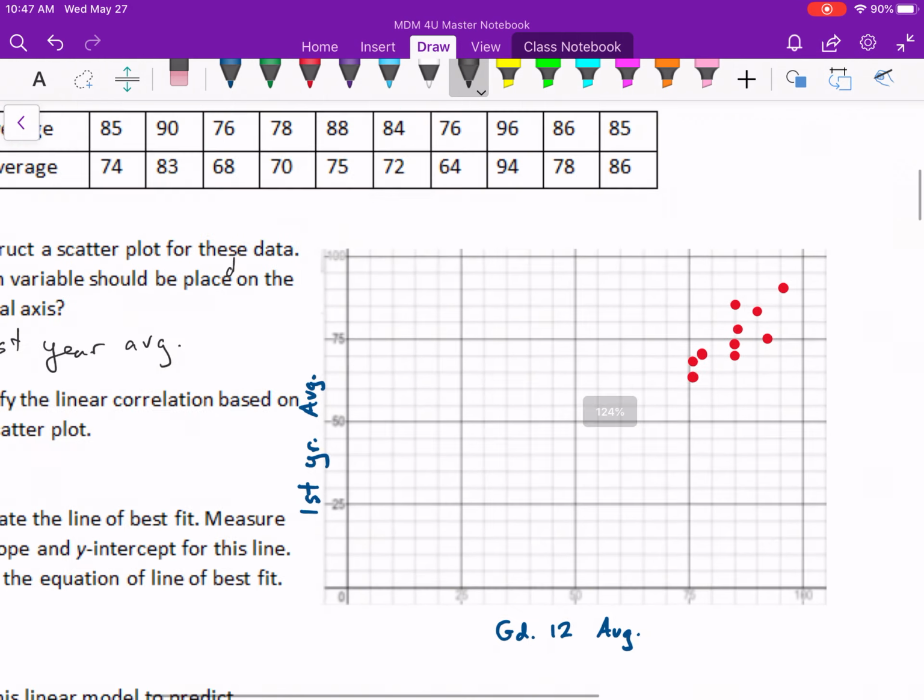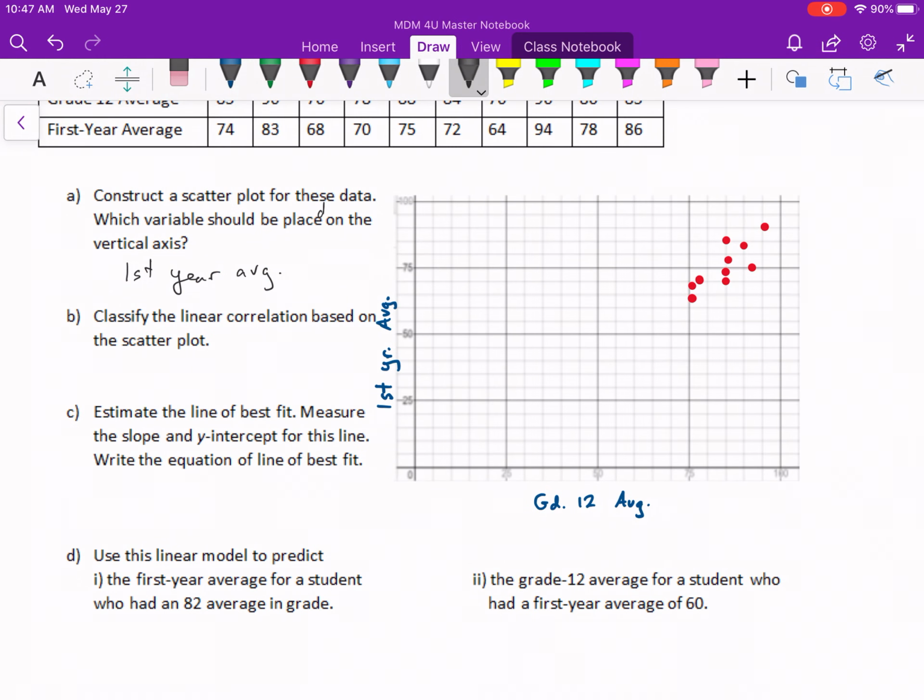And it's also pretty clear that they are going upwards from left to right. So we call that a strong positive correlation. Remember the R values, we've talked about those before. I would estimate that is a fairly high positive R value.